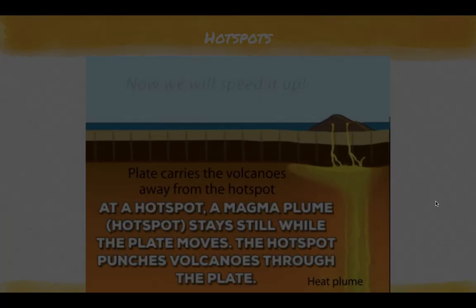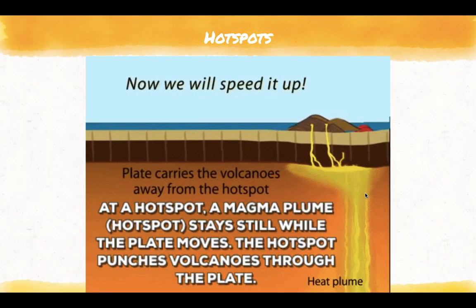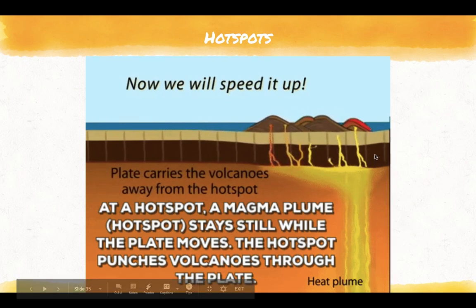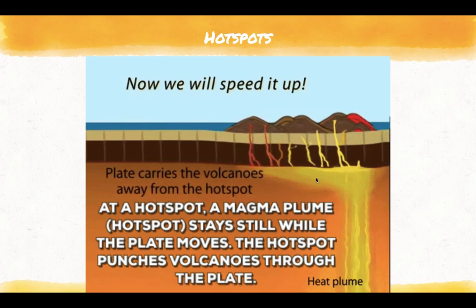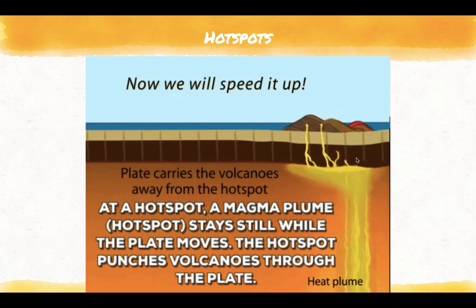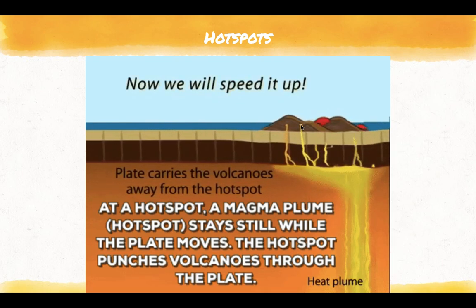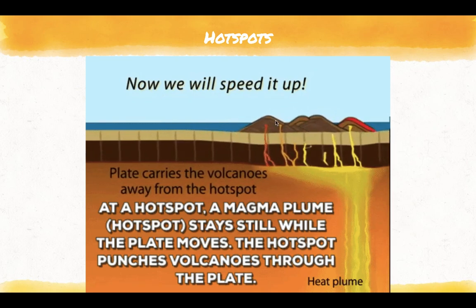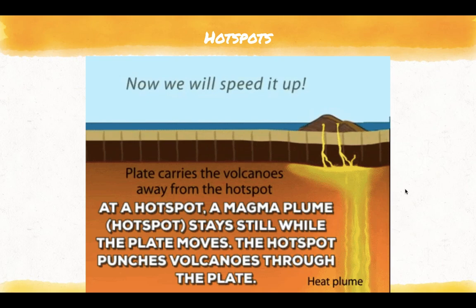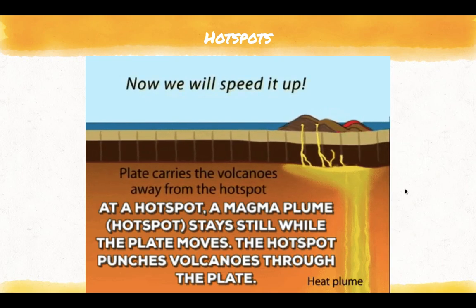Let's look at a different view of this. Again, here's our plume, our hotspot, and here's our plate moving over our hotspot. You can see as the plate moves, you get this chain of volcanoes poking through and sometimes coming above the surface of the ocean.